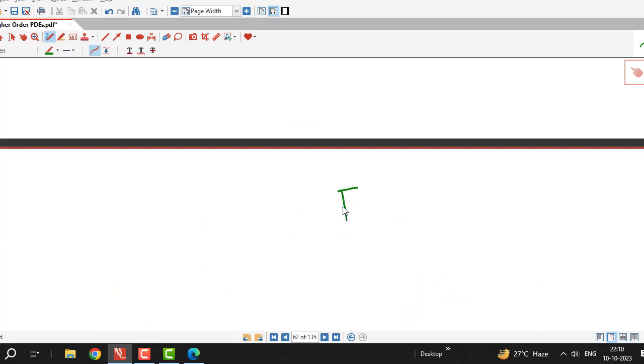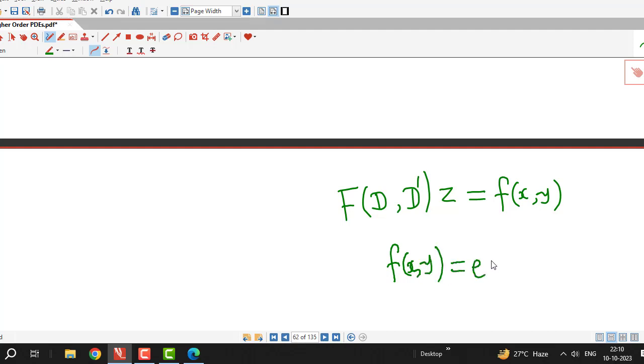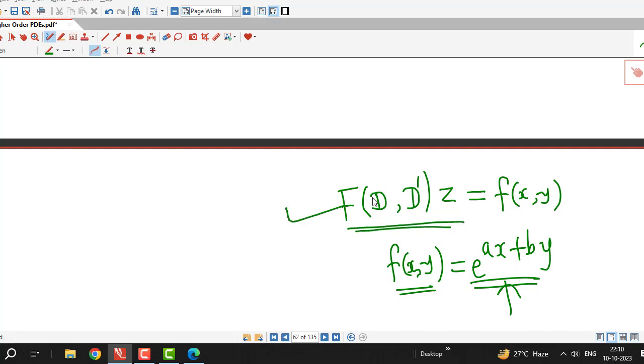So in this lecture we have discussed how to find the general solution of a non-homogeneous linear PDE with constant coefficients, if the right hand side is an exponential function. In the upcoming lecture we will consider different right hand sides of this type, and we will see the different shortcut methods for finding the general solution of this type of non-homogeneous equations.